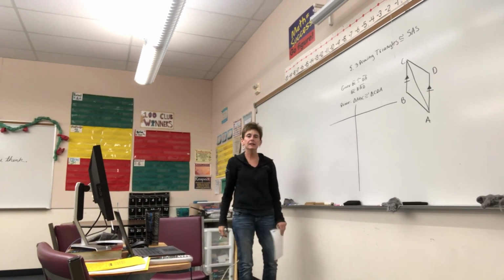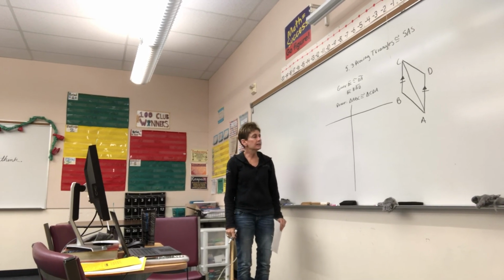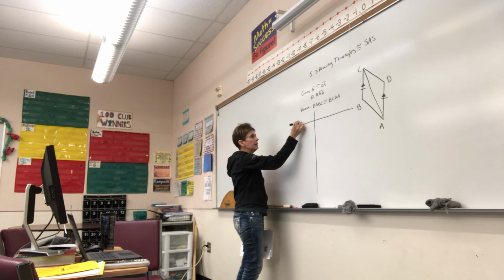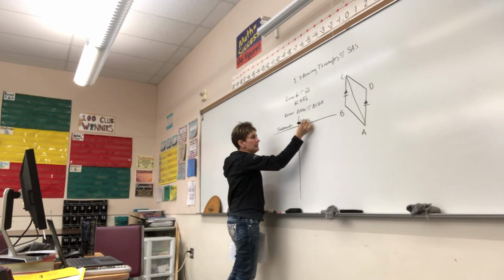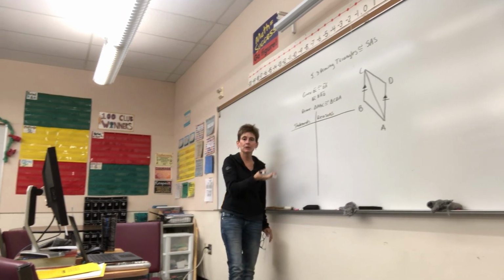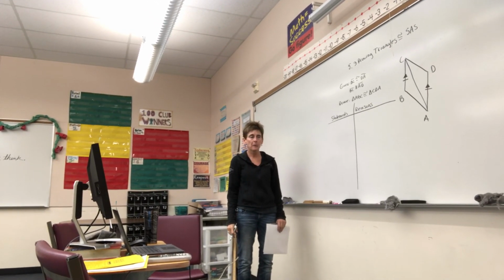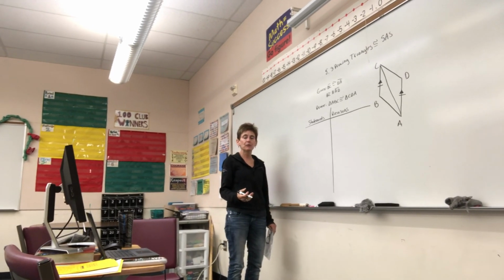That's it, writing the letter T. We've now started our proof. That's step 1. Step 2 is to write the word statements here and reasons here. So every single time, 100% of the time you do proofs, that's your second step. Everybody can remember that.